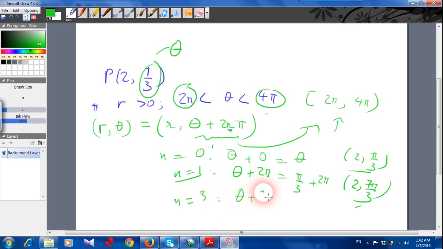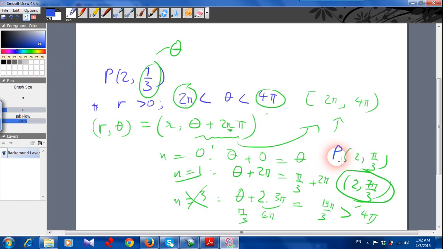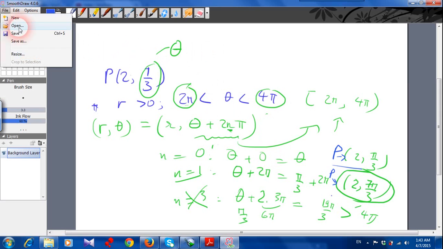Theta plus 2 times 3π, which is 6π, gives 19π/3. It's larger than 4π, so you don't use this one. So just this one.